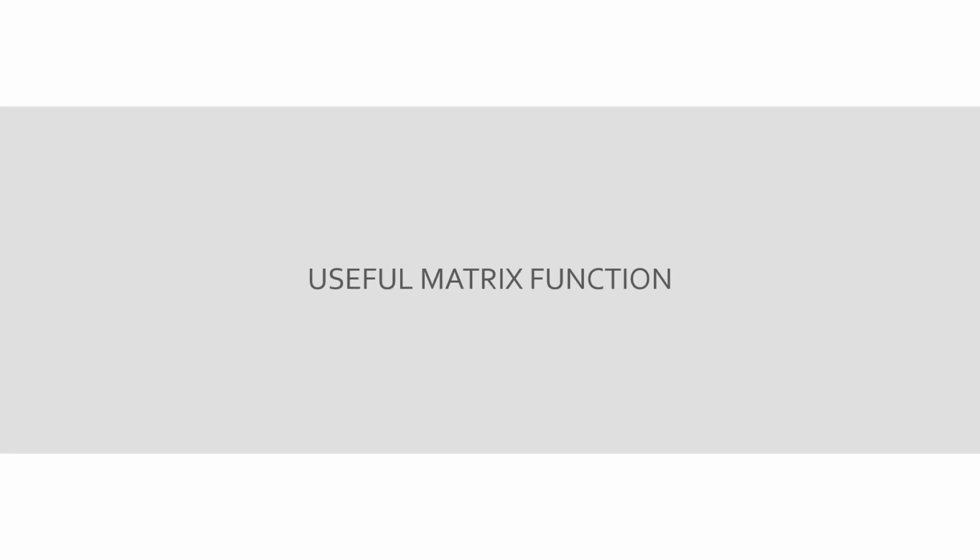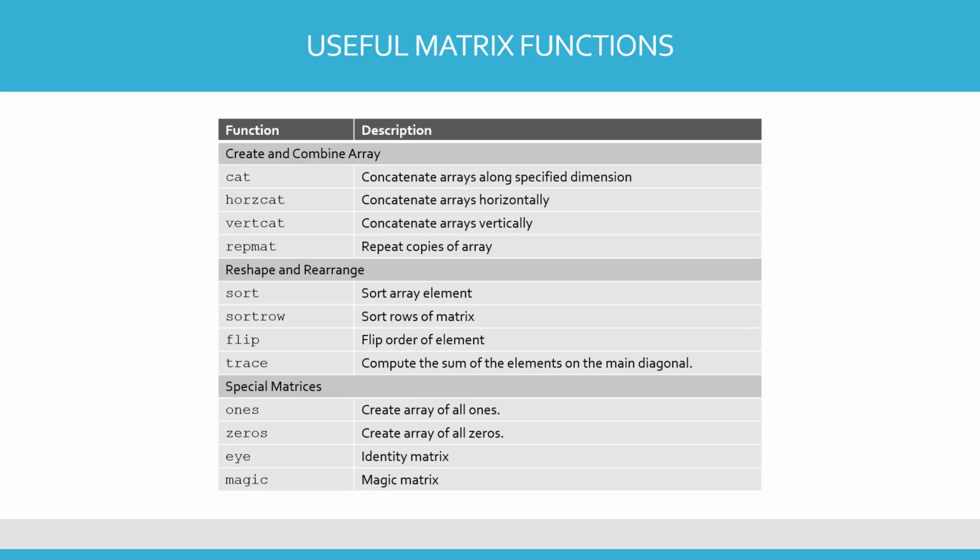Okay, we move on to the last part, which is the useful matrix functions. So these are some functions you can use for matrices. cat concatenates arrays along a specific dimension; there is horizontal cat, vertical cat, and repmat. Repeat matrix means that you repeat the matrix again and again.